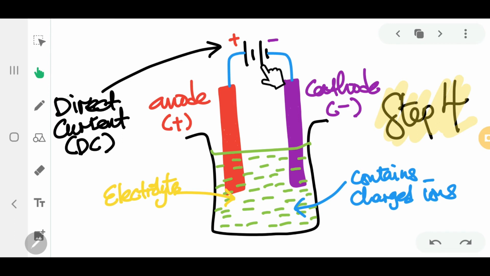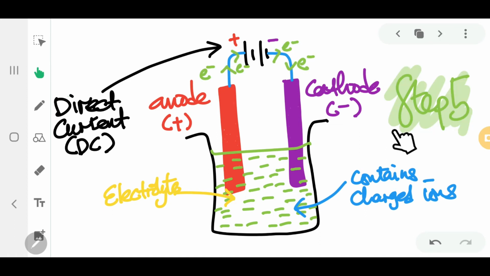Another difference from galvanic: in a galvanic cell you have a voltmeter here, but for the electrolytic cell you have a direct current. This is the source of electricity, and it drives the non-spontaneous redox reaction forward.